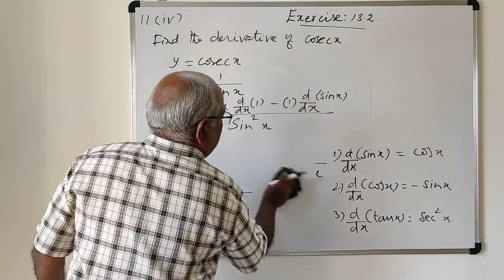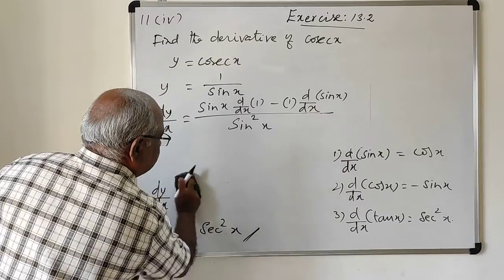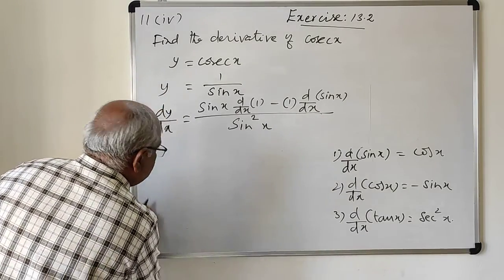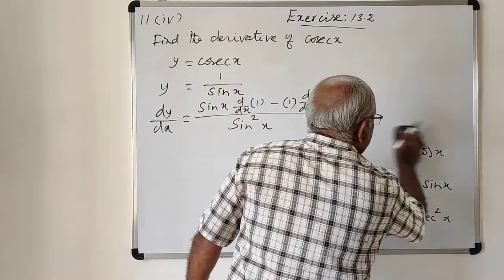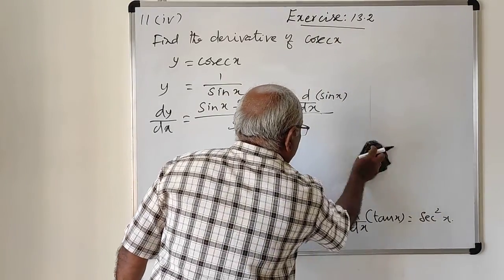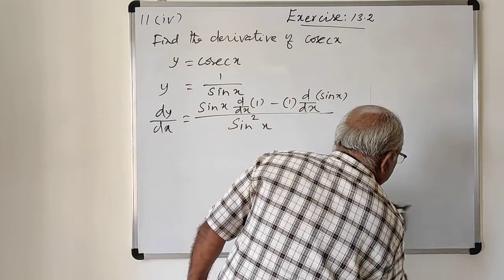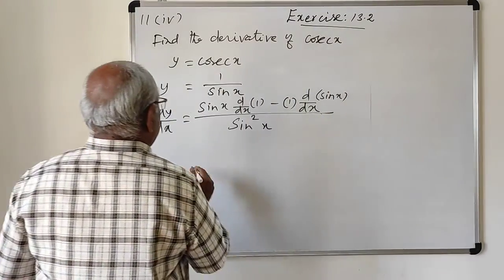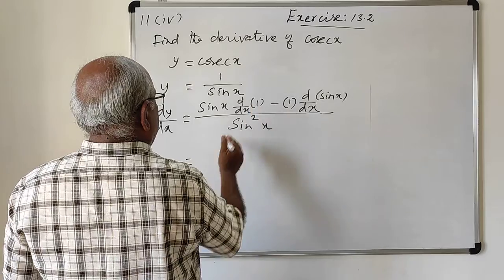Now that's equal to, derivative of 1 is 0.